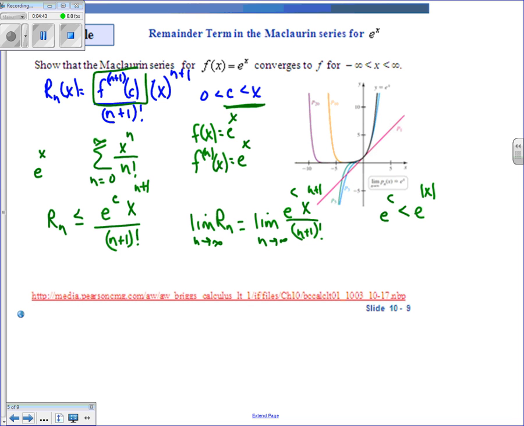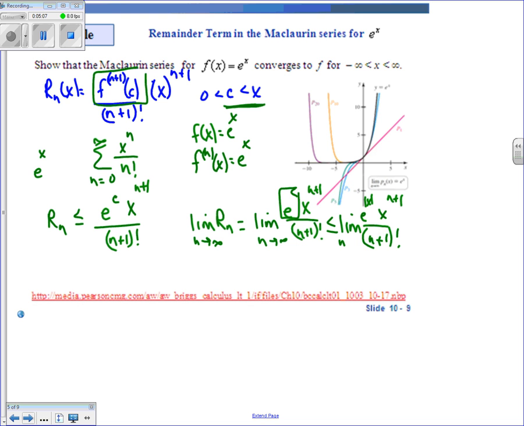So now we know e to the c is less than e to the absolute value of x. So I can rewrite this expression as less than or equal to the limit of e to the absolute value of x times x to the n plus 1 over n plus 1 factorial.